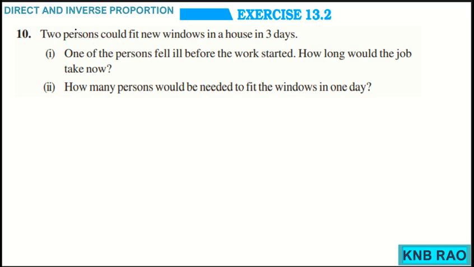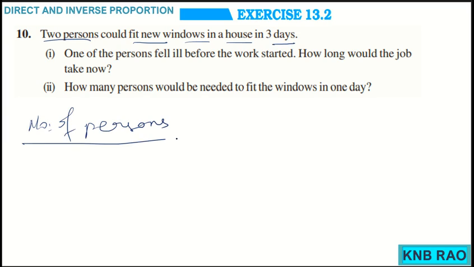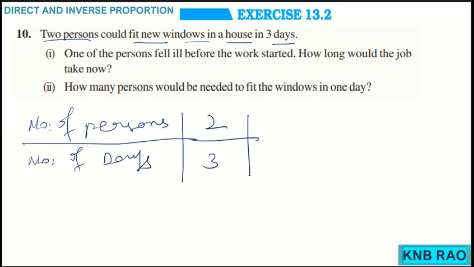In question number 10, 2 persons could fit new windows in a house in 3 days. 2 persons in 3 days. Here we have number of persons and number of days. So 2 persons in 3 days.